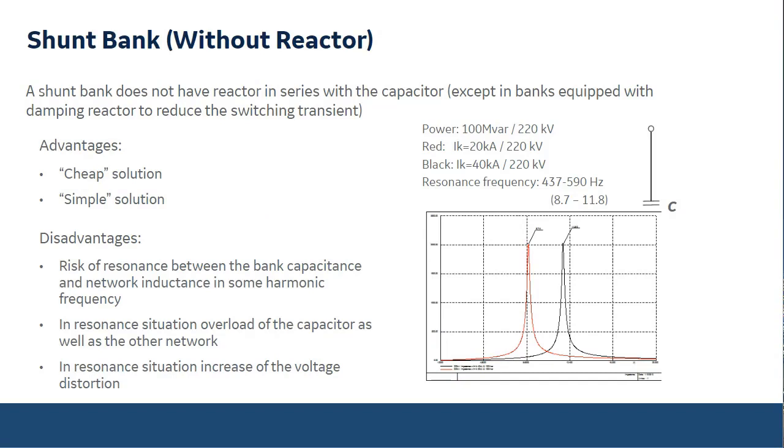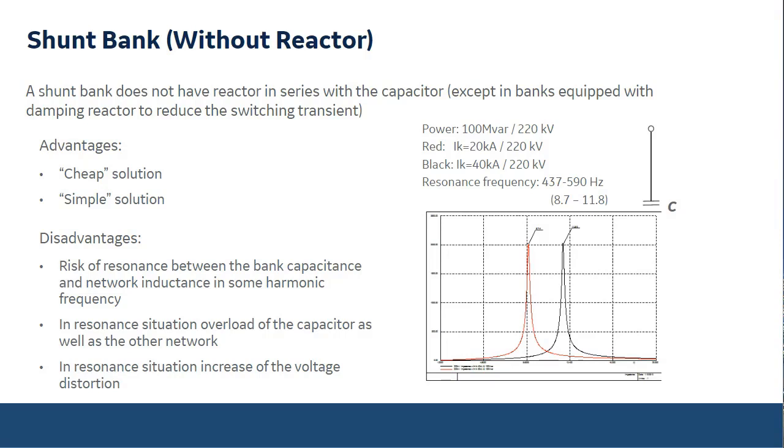So this is not typically something that you can use in many of the renewable applications, because you always have resonance issues. You have a variation of the short circuit power, and you will have harmonics there also. Everything sounds quite bad from the shunt bank perspective.